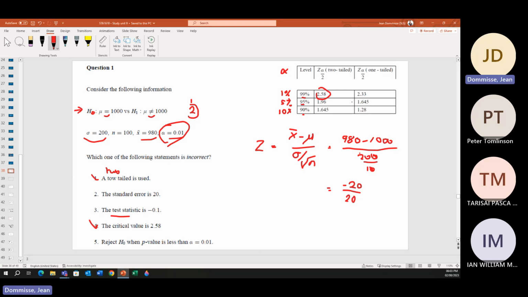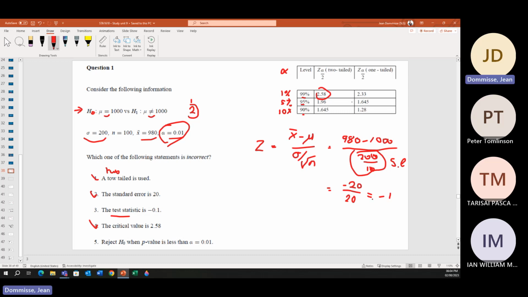So just also remember that is your standard error. So we've actually answered that question as well. Your standard error is 20. Your Z is minus 1.